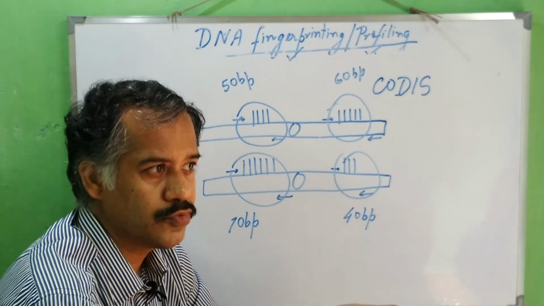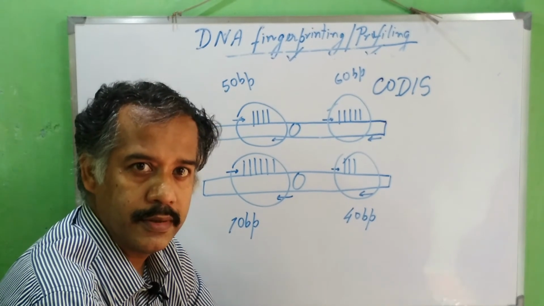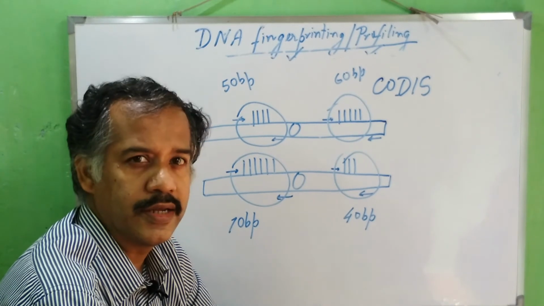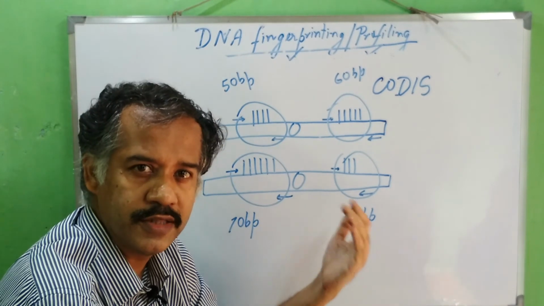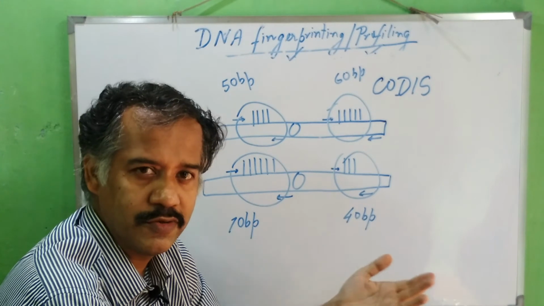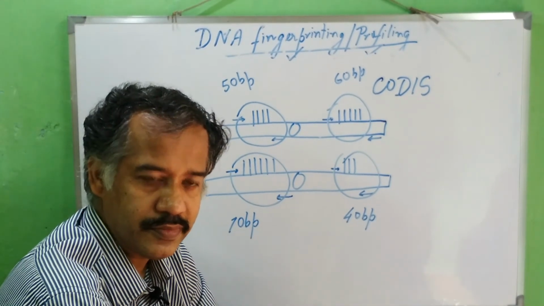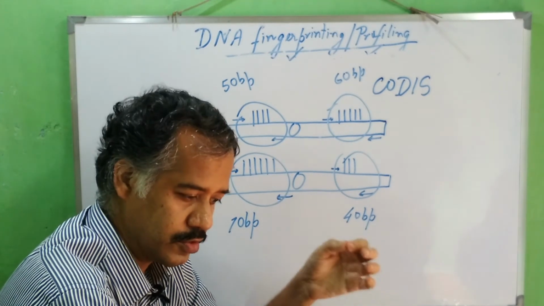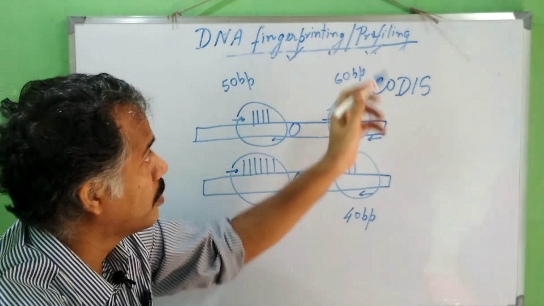The chances that two unrelated individuals could have the same set of bands is maybe 1 in 10 to the power 15 people or 10 to the power 19 people, which is much more than the human population of the planet. And so there is practically no chance of making a mistaken identity. If sufficient DNA has been found from the site, it is going to work. That is the basis of the modern technique of DNA profiling.